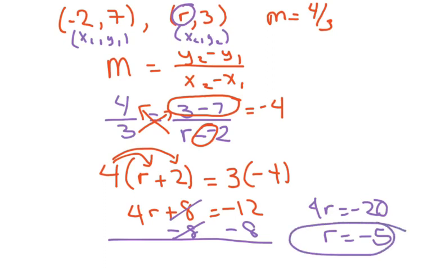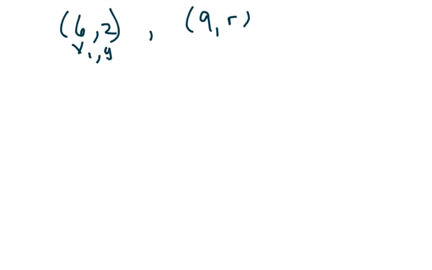Okay. I think we got all the r's in position. We could do one more. I think you get the hang of this. So point 1 is 6, 2, and point 2 is going to be 9, r. So we have x sub 1, y sub 1 here. This is point 1, point 2.